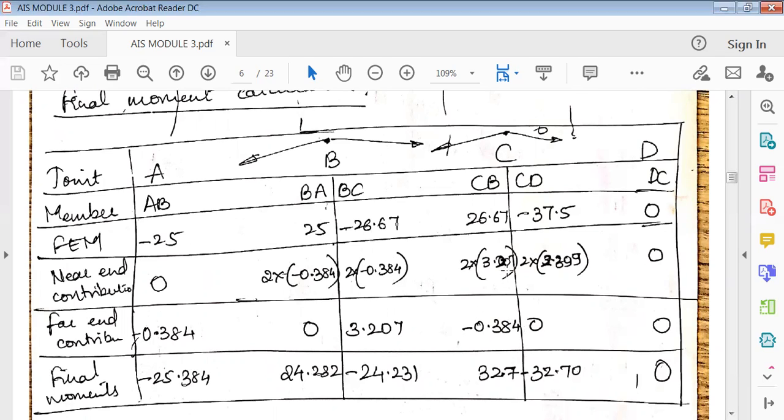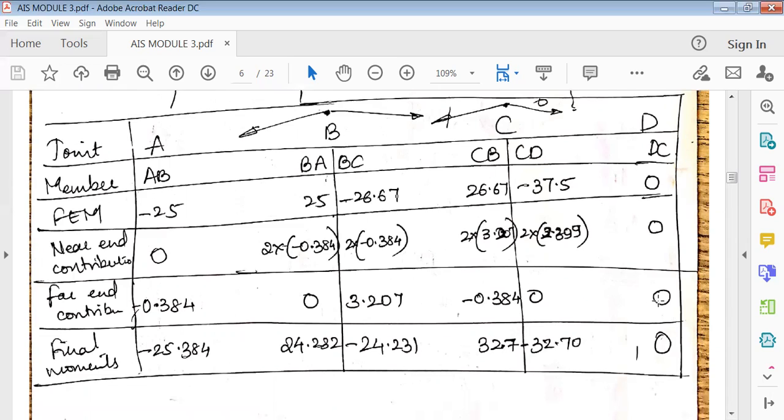Next, with respect to C, B is the far end. So it is 3.207. It gets transferred here. Rest all becomes 0. Okay, so only these things you have to know. Far end contribution is whatever moment exists here, that gets transferred here. Similarly, this moment gets transferred here. It's like a crisscross. And finally, we know that this should be 0 only because it's a simple support.